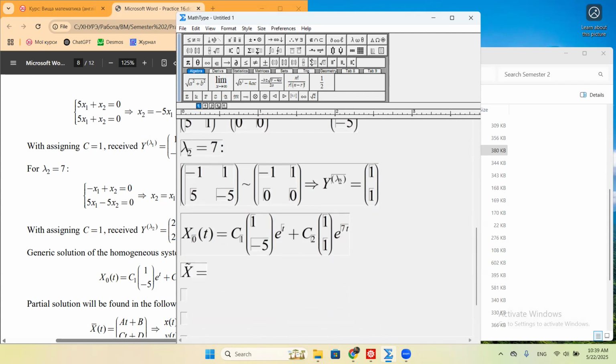So again, we will use the method of undetermined coefficients. So at plus b, it will be a single vector. So at plus b and ct plus d.